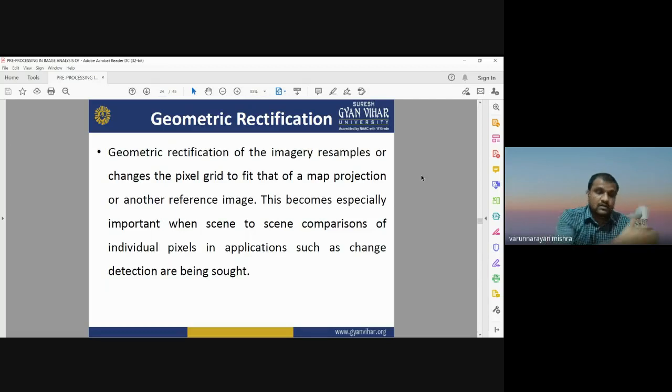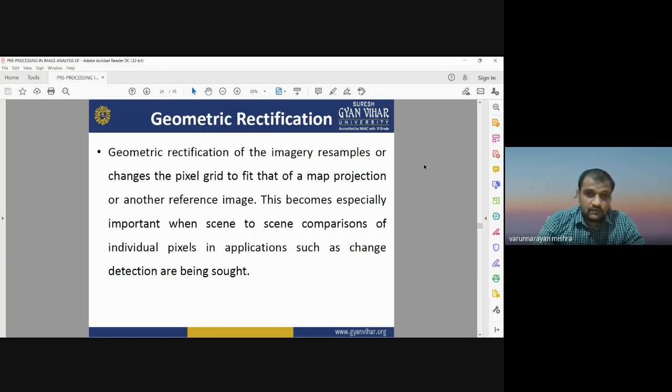We are going to compare the land use, land cover, or urban growth in an urban area at different times. So when we are going to work on scene-to-scene comparison for any kind of change detection analysis or urban growth analysis, if there are geometric errors or any kind of geometric distortions in the satellite images, it doesn't work properly. So in that case, we need to perform geometric correction.